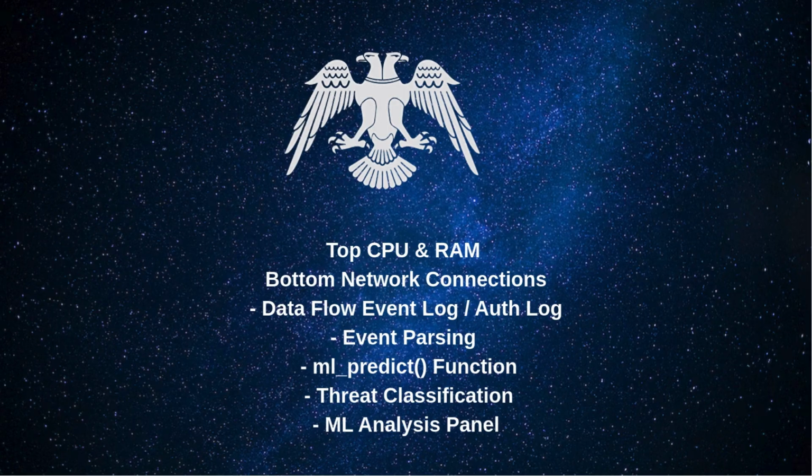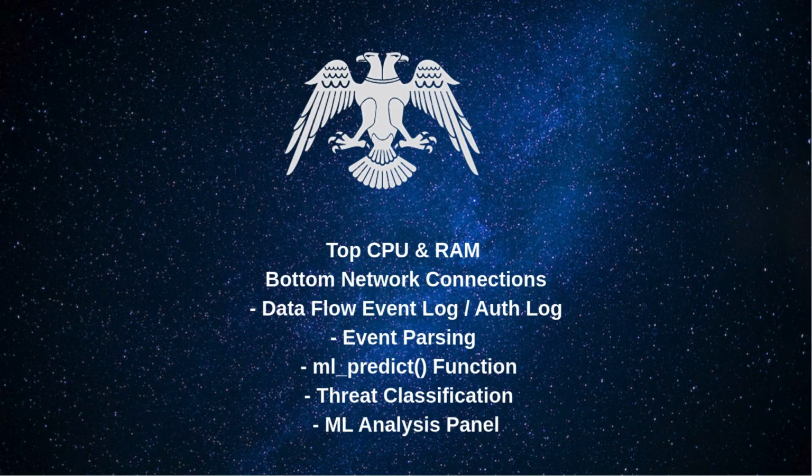And I will explain the data flow in my program: event log and auth.log, after that event parsing, after that ML predict function, after that threat classification, and after that the machine learning analysis panel.